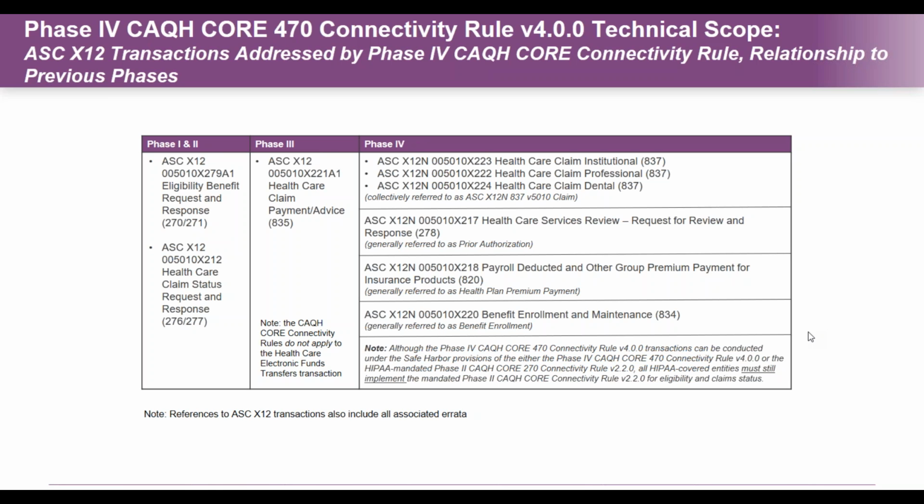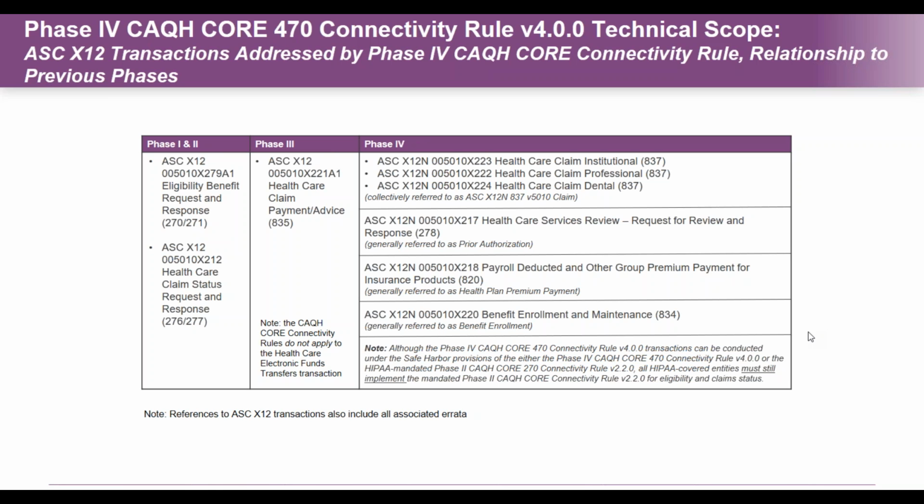Phase 3, which is the middle column, that was focused on the healthcare payment advice, also known as electronic remittance advice, the ERA or 835. And phase 1 and 2 are focused on eligibility inquiry and claim status transactions.